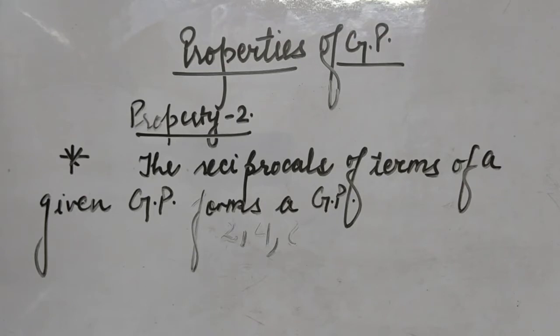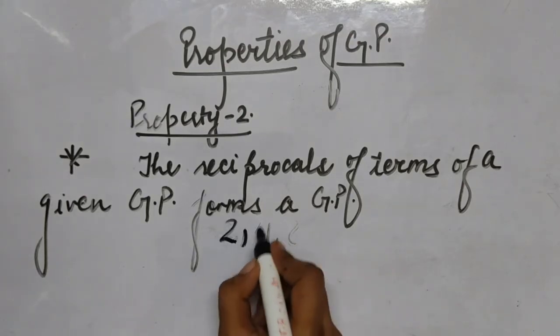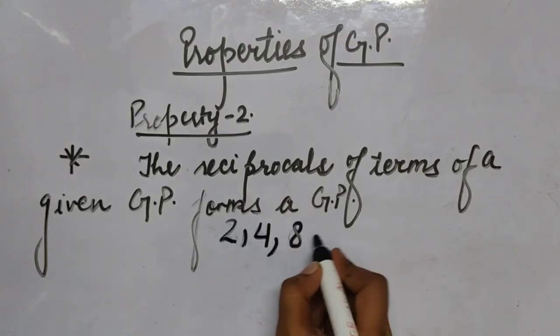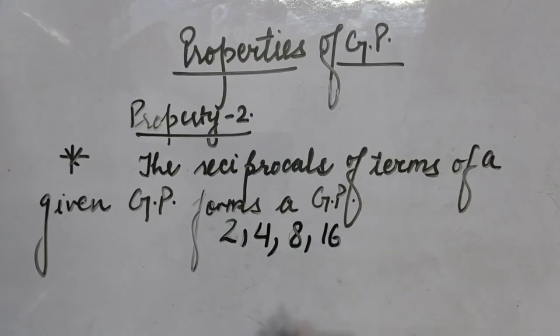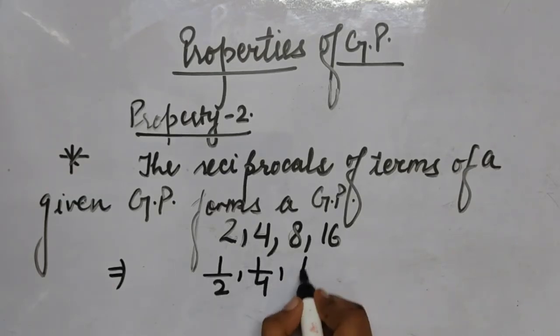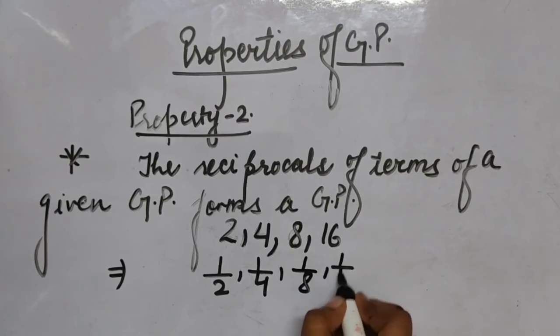Let's see it. The GP is 2, 4, 8, 16. So when I am finding the reciprocal of these terms, what I will get? 1 by 2, 1 by 4, 1 by 8, 1 by 16. This will be the reciprocal only. Now we have to see whether this resulting sequence which has come here, is it a GP or not.